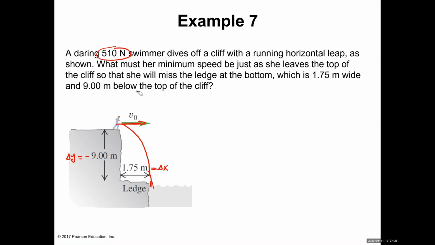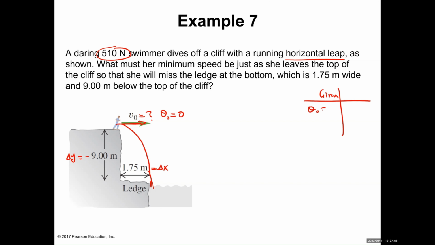All right, so let's see then. We are told that we are launched with some initial velocity, which we don't know, but we know that theta initial is 0 because it's horizontal. Let me put here what's given to us.